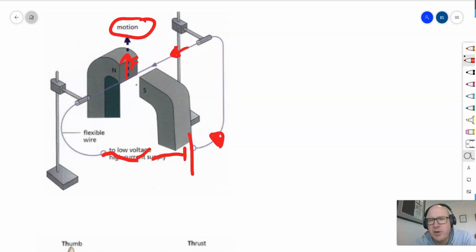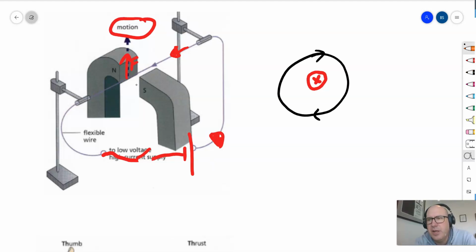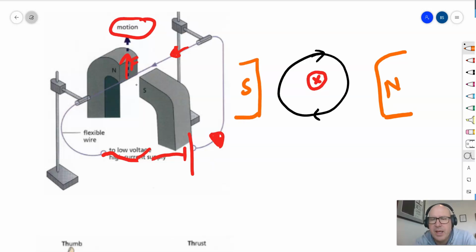And we know that will occur because let's say I had a wire going into the page. That will get a magnetic field going around it in this direction. Okay, and then if you put a north pole here, and a south pole here, the field lines would go across like this.